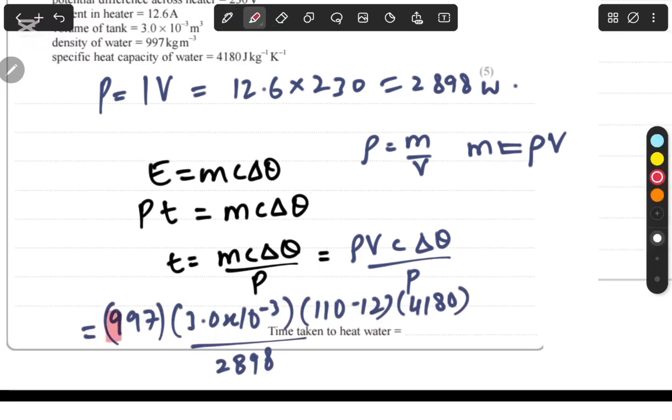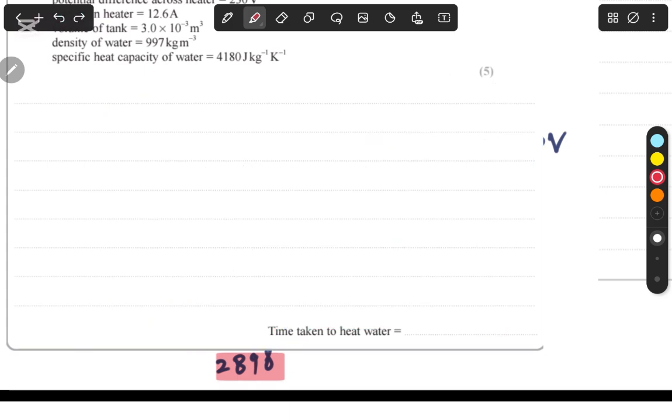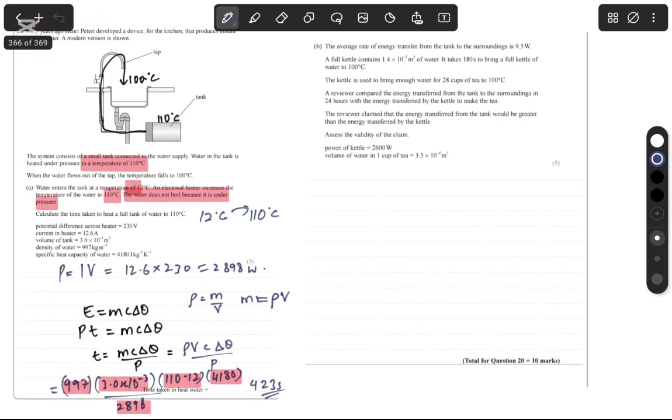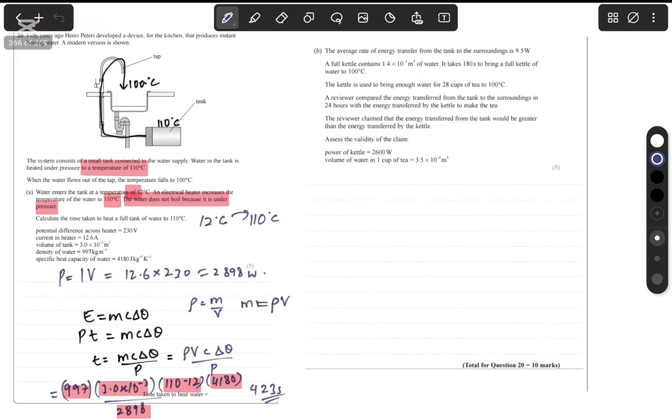So this is the density of water times the volume of the tank times the change in temperature times the specific heat capacity of water, divided by the power. That gives me 423 seconds. So you can just look at the question and hope you understand it.